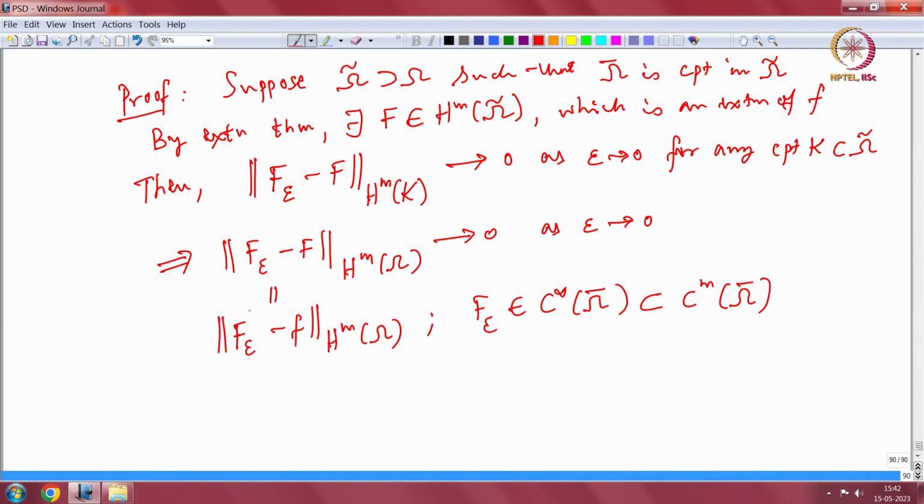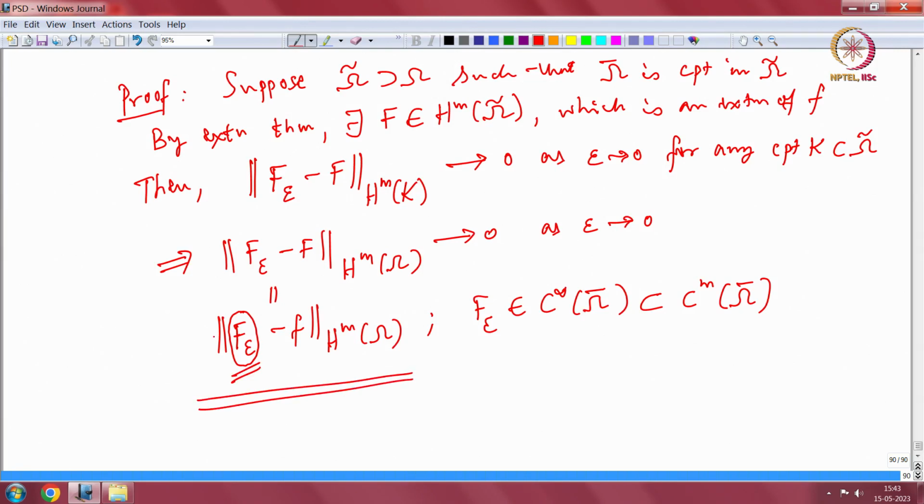Once we have the extension result, the density result easily follows. Just observe this. We have some relation with this F, but when you take these mollifiers it's really mixed up. You are extending f to a larger domain and mixing, but yet you are close to f in this H^m norm.